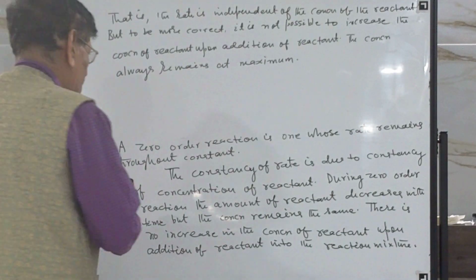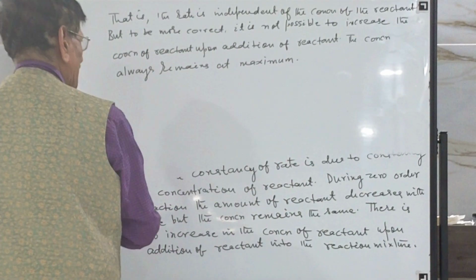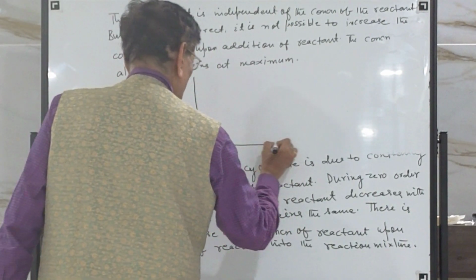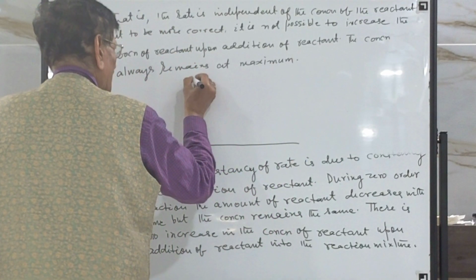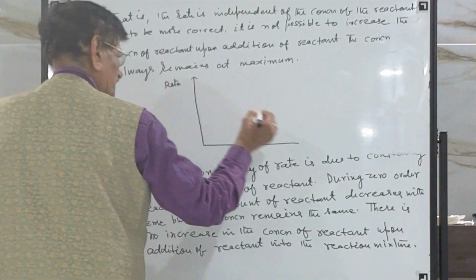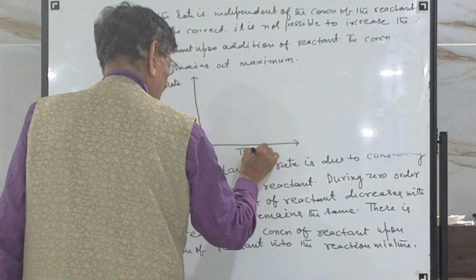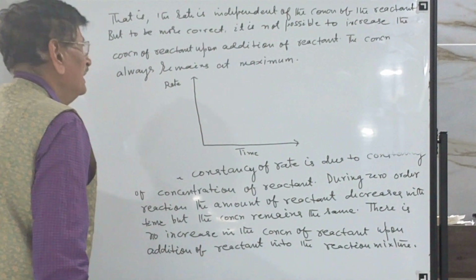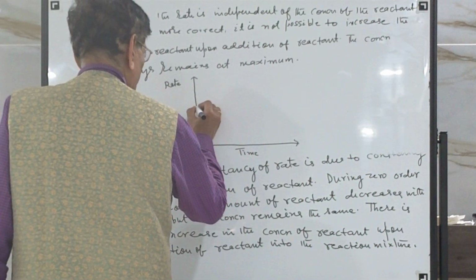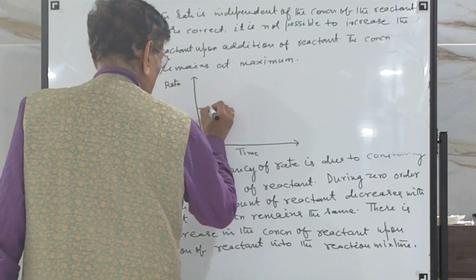For example, if you plot rate of reaction versus time, the rate will remain constant throughout, like this.